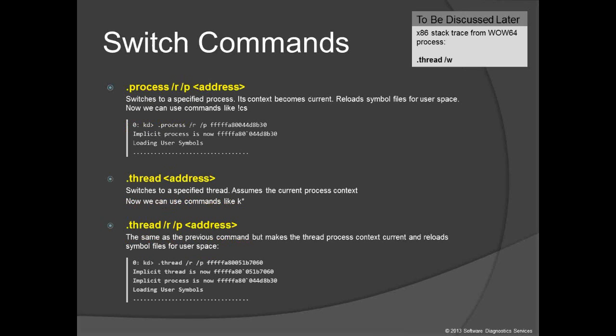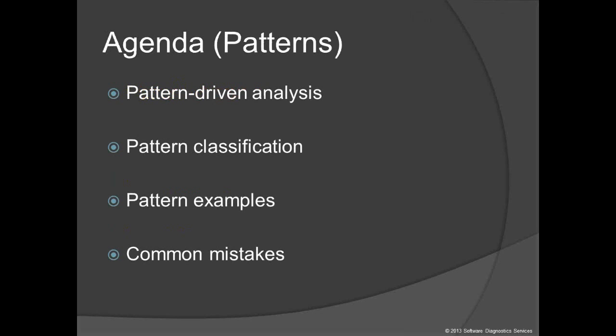We should not forget to use flags that direct WinDbg to change process context automatically and reload symbol files. So now I briefly talk about patterns before we do the exercise.